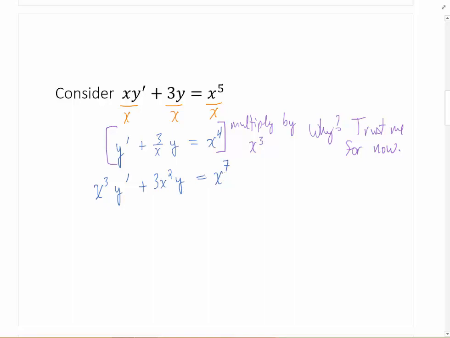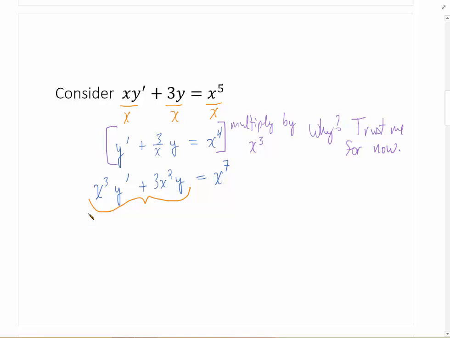And now look at this carefully and think back to Calculus 1 for a moment. Look at the left-hand side. Doesn't that sort of look like a product rule?